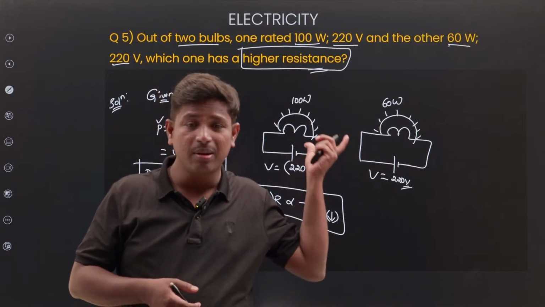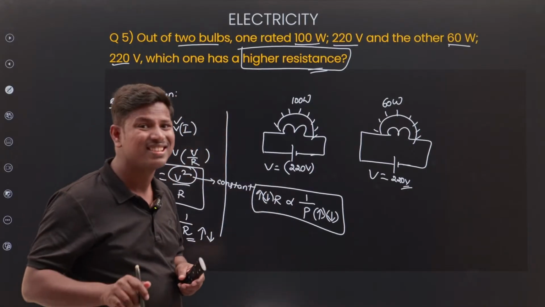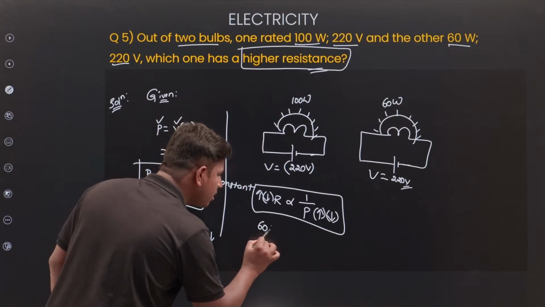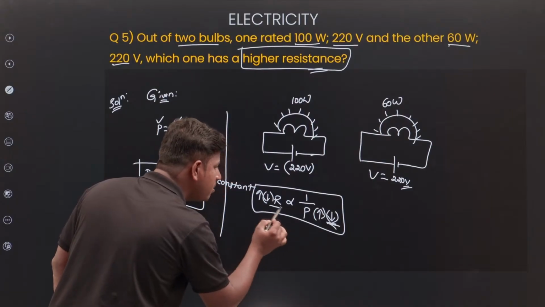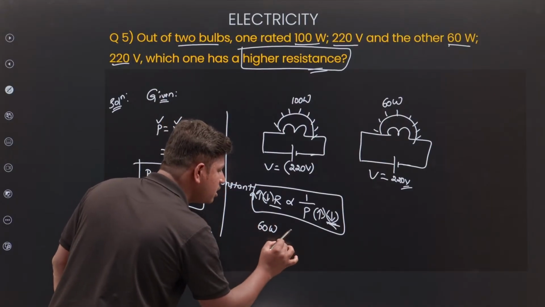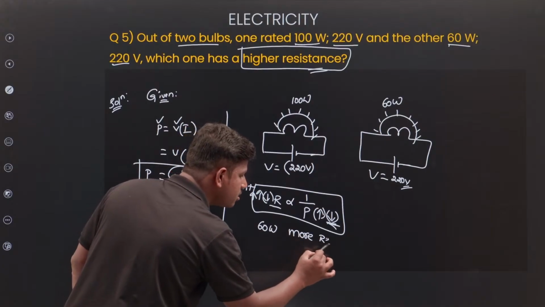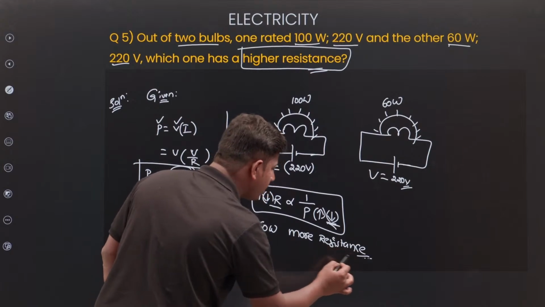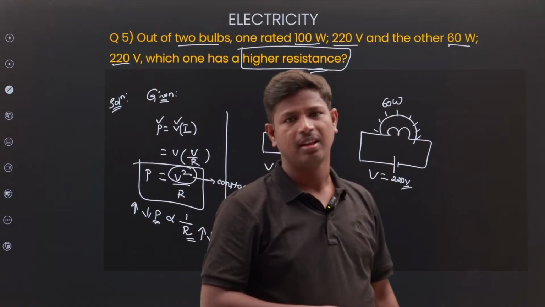Find out the relation between power and resistance. Yes, 60 watt bulb. Because power is less, resistance will be high. Both are inverse. So the 60 watt bulb has more resistance than the 100 watt bulb. Okay.